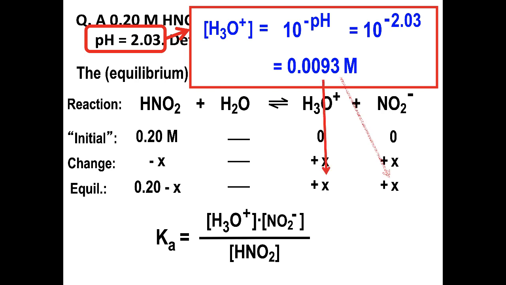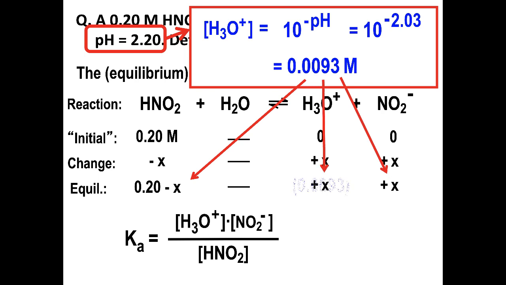So at equilibrium, we know that both the H3O+ and the NO2- concentrations are 0.0093, and then that value can be subtracted from the 0.20 molar nominal nitrous acid concentration. What we get at equilibrium is 0.0093, 0.0093, and 0.19 for our concentrations of the three species involved in the equilibrium constant expression.